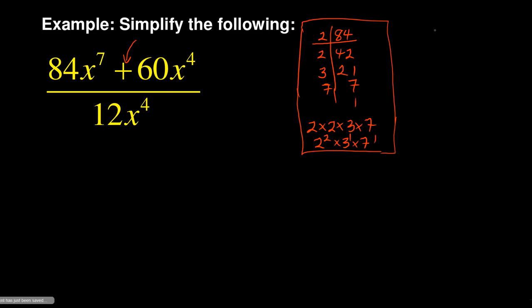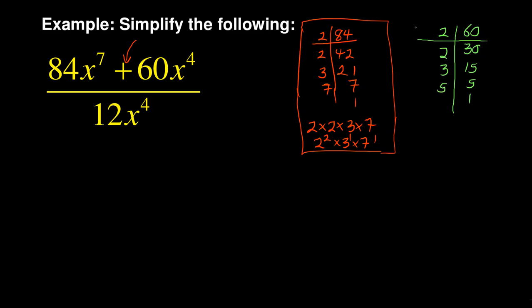With 60, I will have something similar, like these are the prime factors. I'm just showing you how you can find a highest common factor for that. So again, 2 into 60 is 30, 2 into 30 is 15, then 3 into 15 is 5, and 5 into 5 is 1.